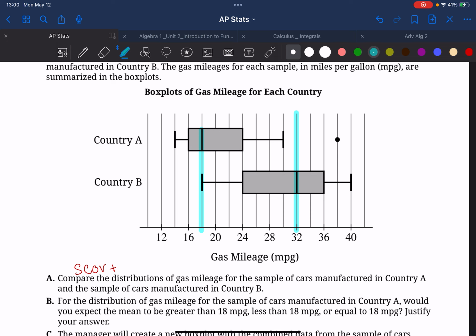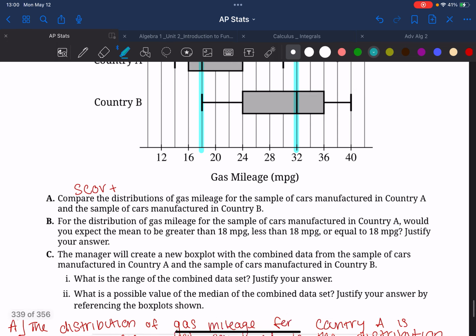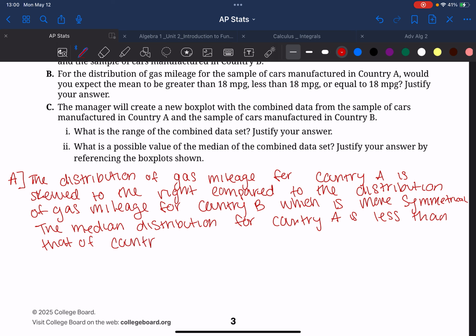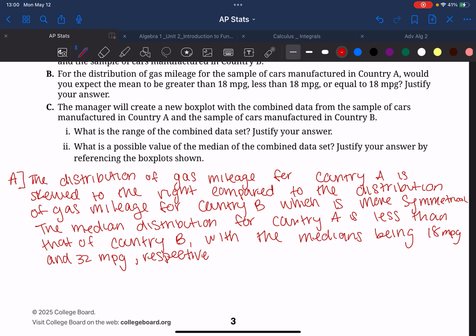So we notice that the median for country A is less than country B. Writing that down, I would say the median of the distribution for country A is less than that of country B, with the medians being 18 miles per gallon and 32 miles per gallon respectively.